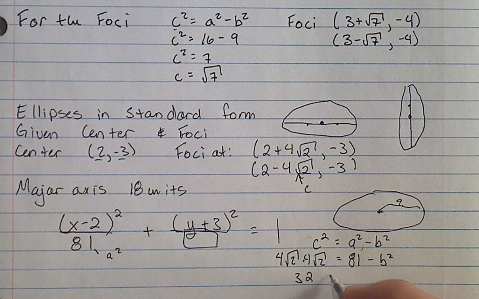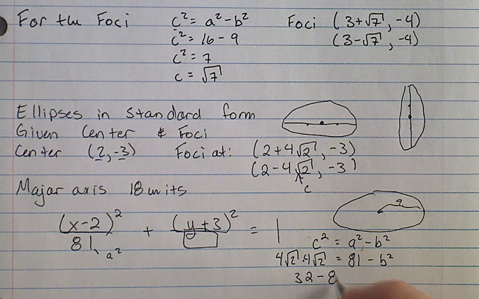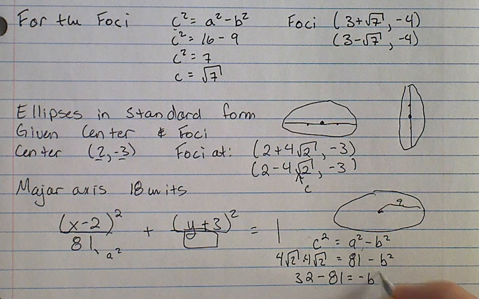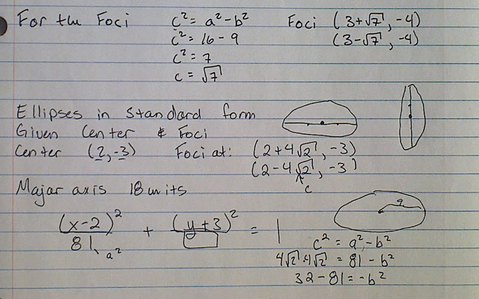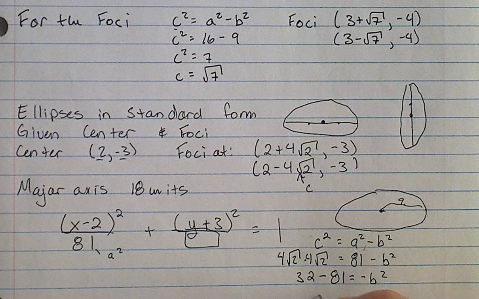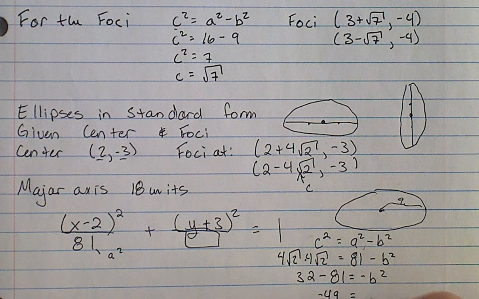And then I'm going to subtract 81 and say that's equal to negative b squared. So 32 minus 81, like a billion, right? Negative 49, so not quite a billion. So equals negative b squared.